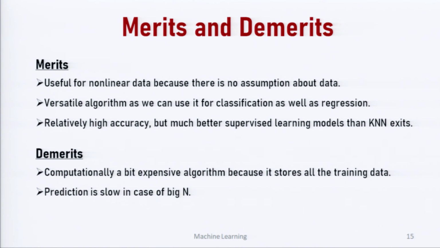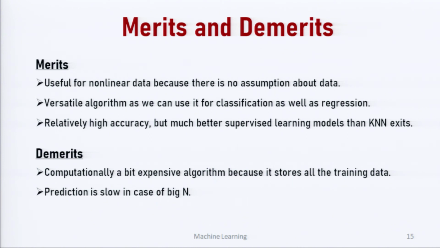It is a versatile algorithm because we can use it for classification as well as regression problems. It gives relatively high accuracy, but there are algorithms which may give even higher accuracy compared to this.